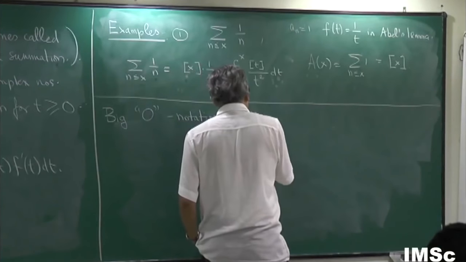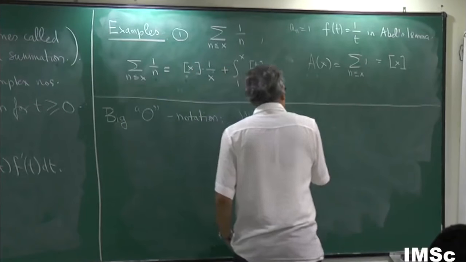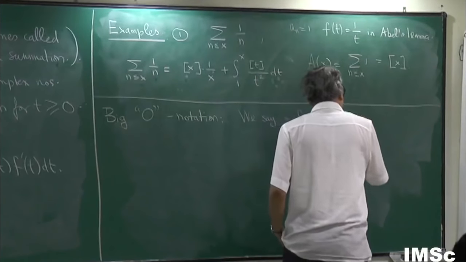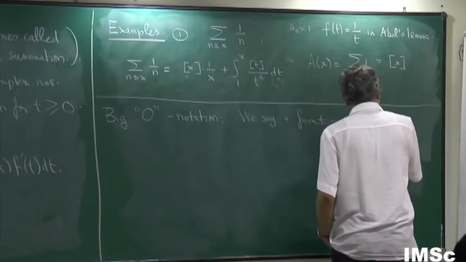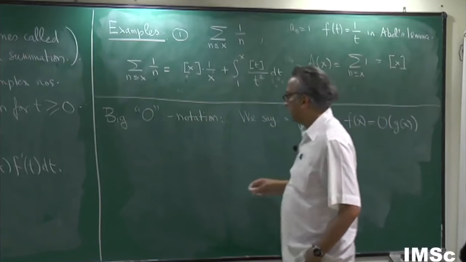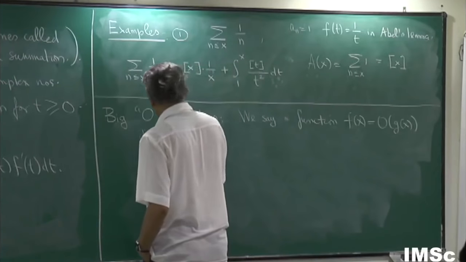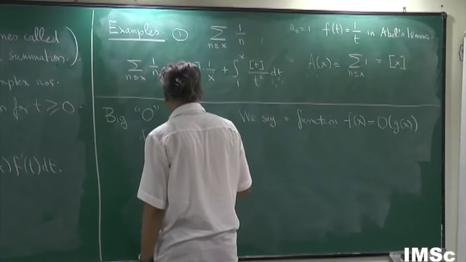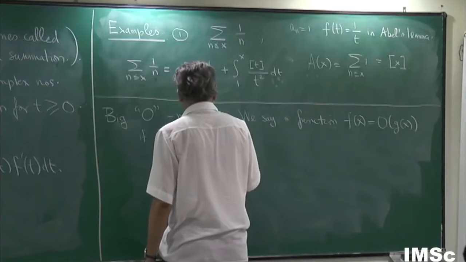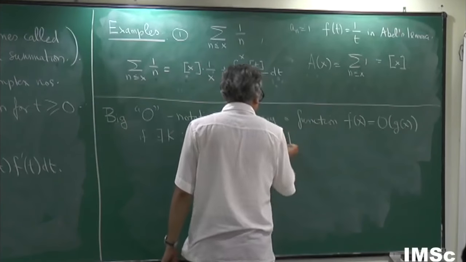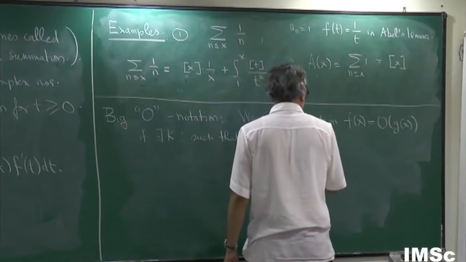We say a function f of x is big O of g of x if there exists a constant kappa such that f of x is bounded by k times g of x.